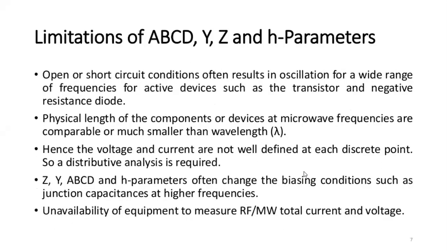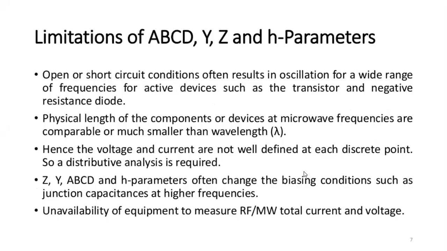The next reason is that open and short circuit conditions usually result in oscillations at higher frequencies. For example, for active devices, consider a transistor or negative resistance diode. If you apply open circuit and short circuit conditions, oscillations will occur over a wide range of frequencies.